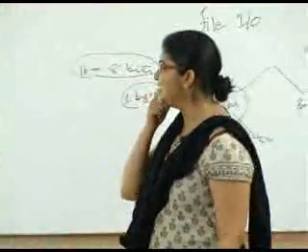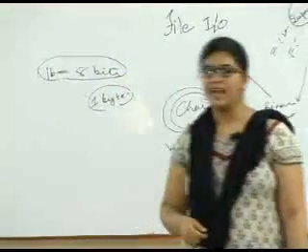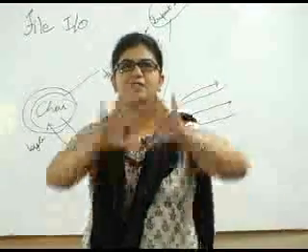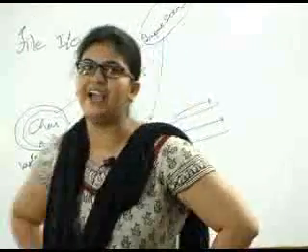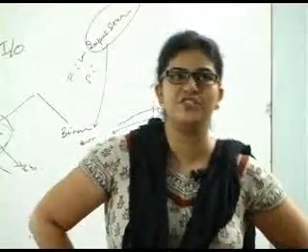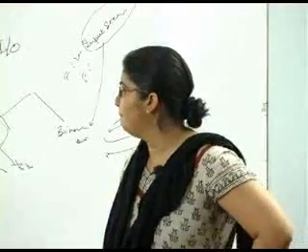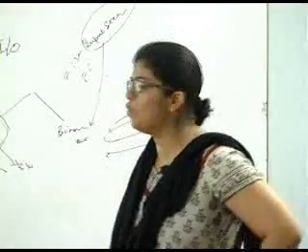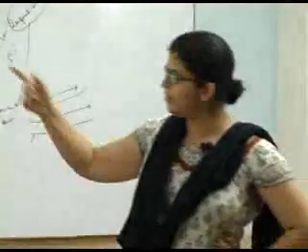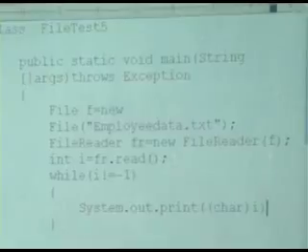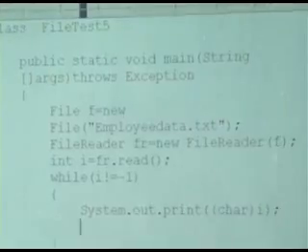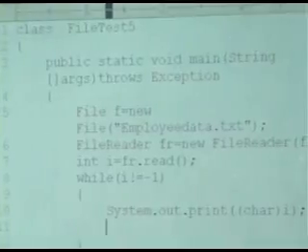So while i is not equal to -1, I'm just going to print onto the system whatever I'm reading from the file, and it gets printed onto the console. The golden customer.txt thing I told you about, we'll do in the next program. Save it and run this application.